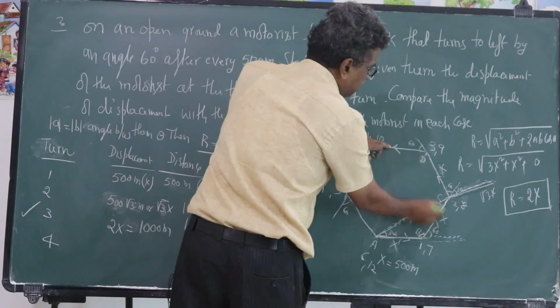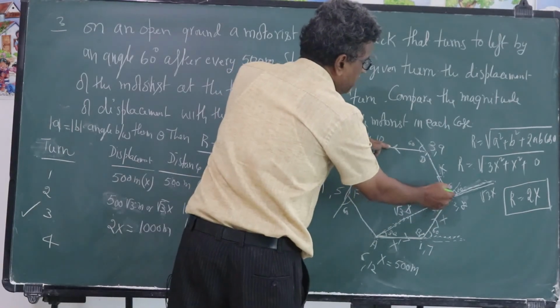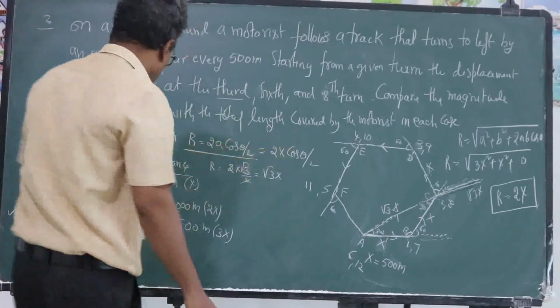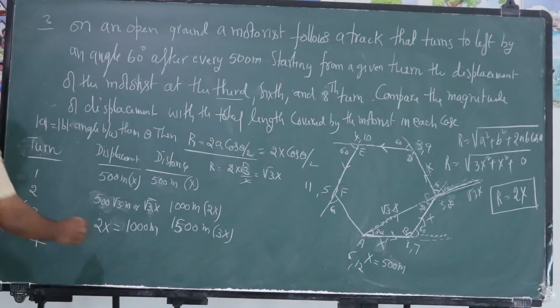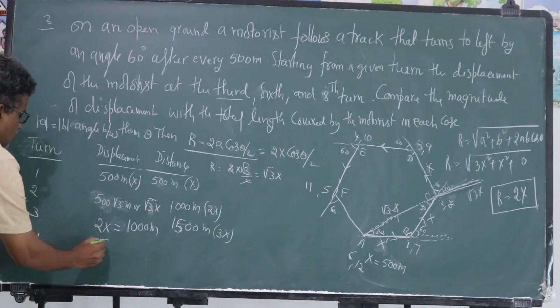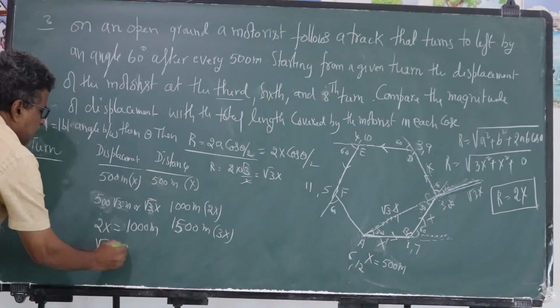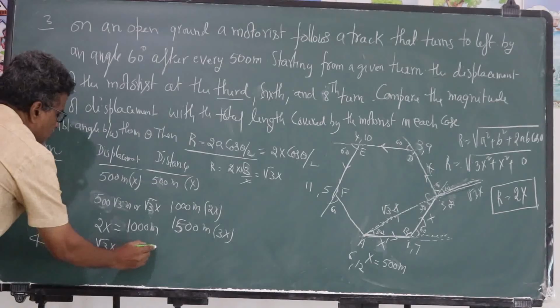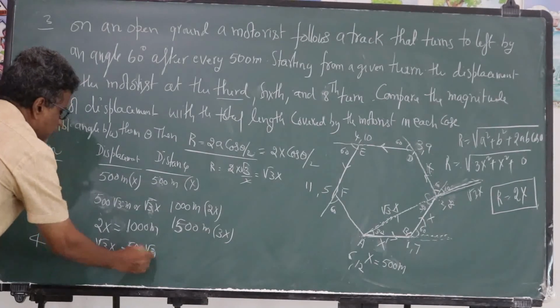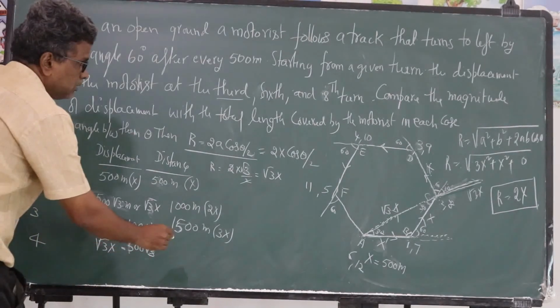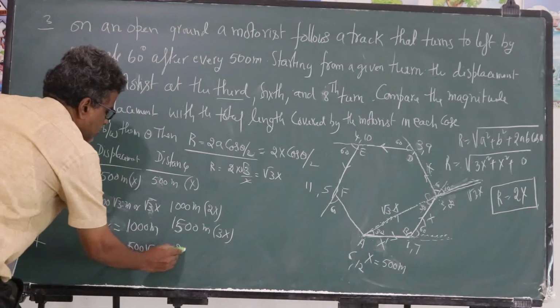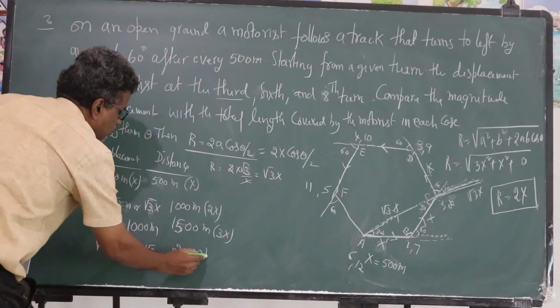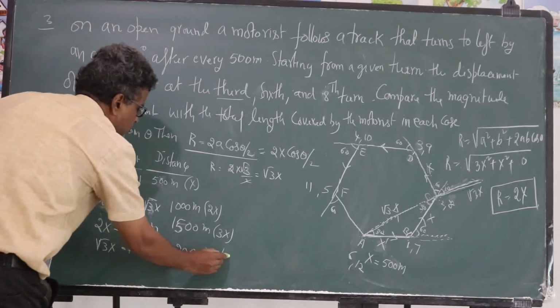So the resultant of these two, angle between them is 60, so again you will get root 3x, that is 500 root 3. So after the fourth turn, the displacement is 500 root 3, and the distance is 2000 meters, that is 4x.